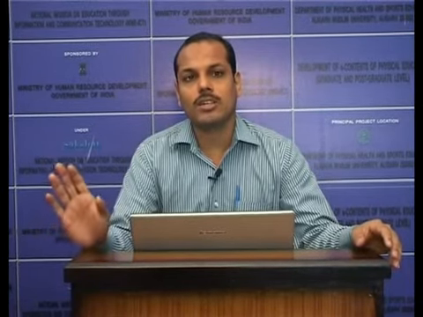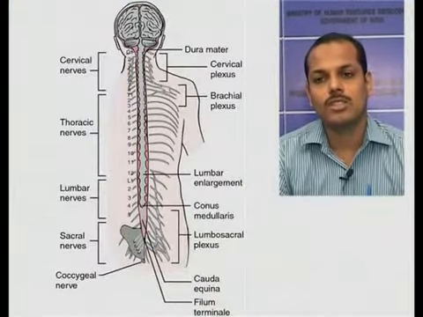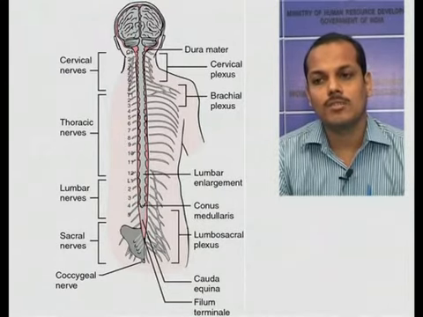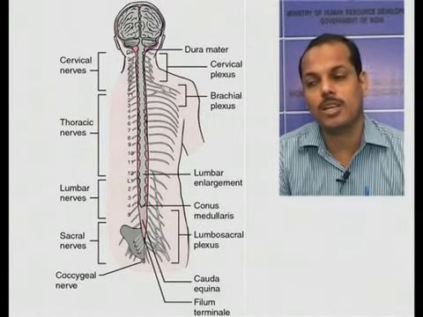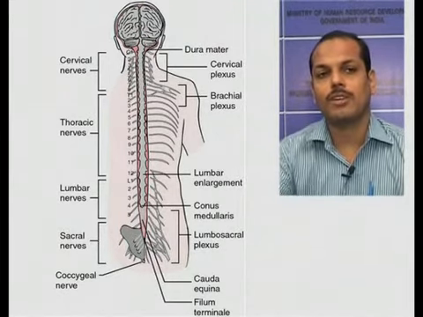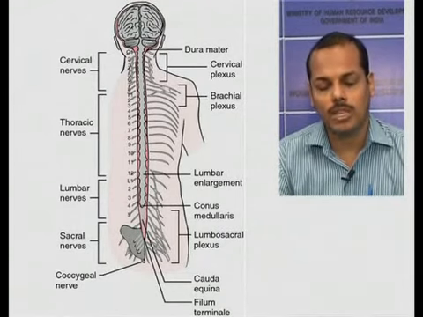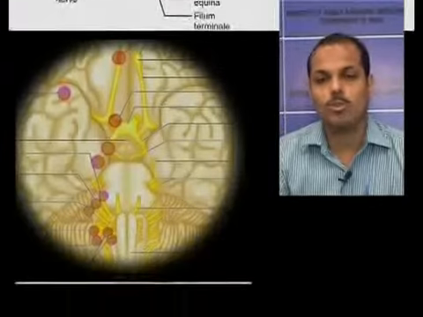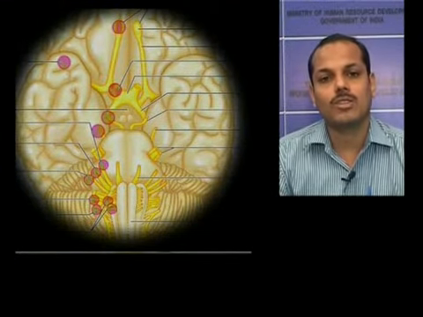The cranial nerves bring information from the brain to the periphery and from the periphery to the brain. These are numbered 1 to 12.